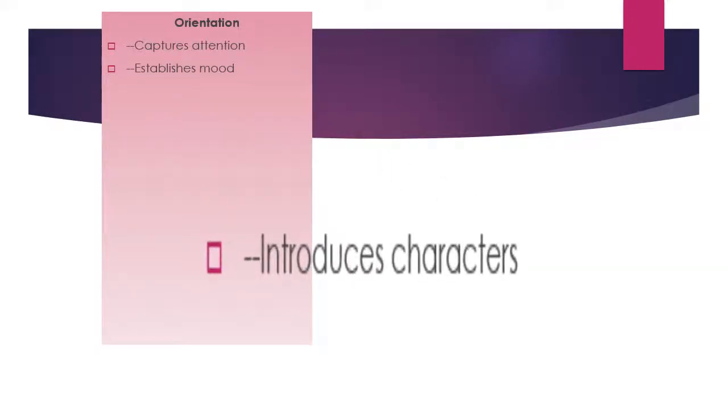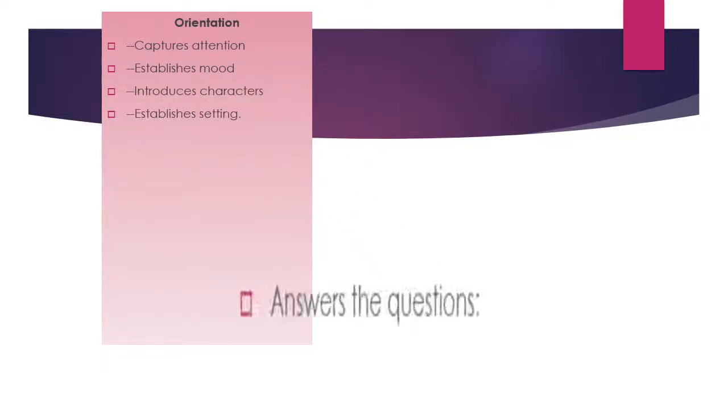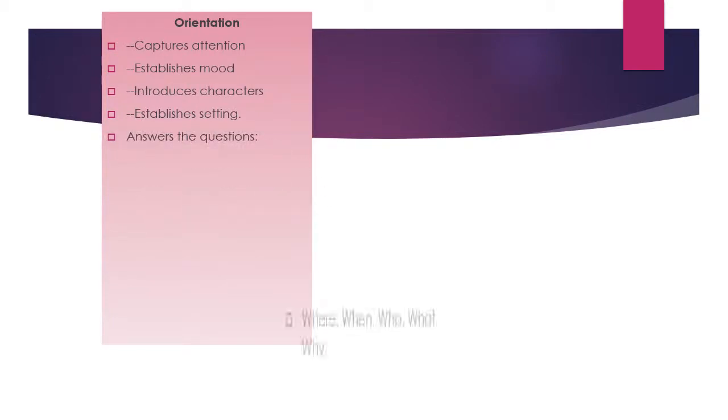Okay, so as I said, we've looked so far at the orientation, which you've been working on with your description of characterization or characters and with setting. Now, as you can see listed here are a number of things that the orientation should do.